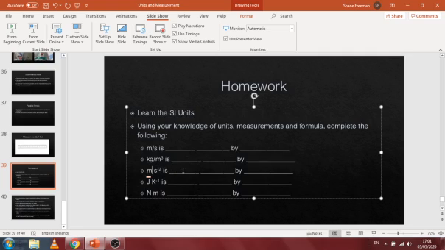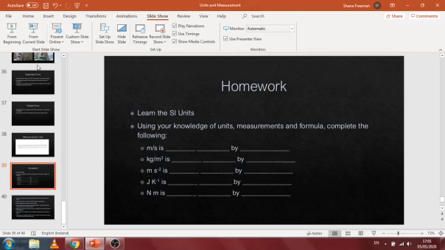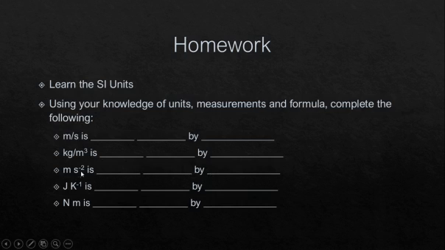So this is meters, so that's distance. Again, that's a -2. So because it's a -2, that means divide, and that's divided by time squared. So that's distance divided by time squared. This one here, J, that's your unit of joules, so that's from your energy. So it's energy, and again that -1 divided by K for Kelvin, which is temperature.